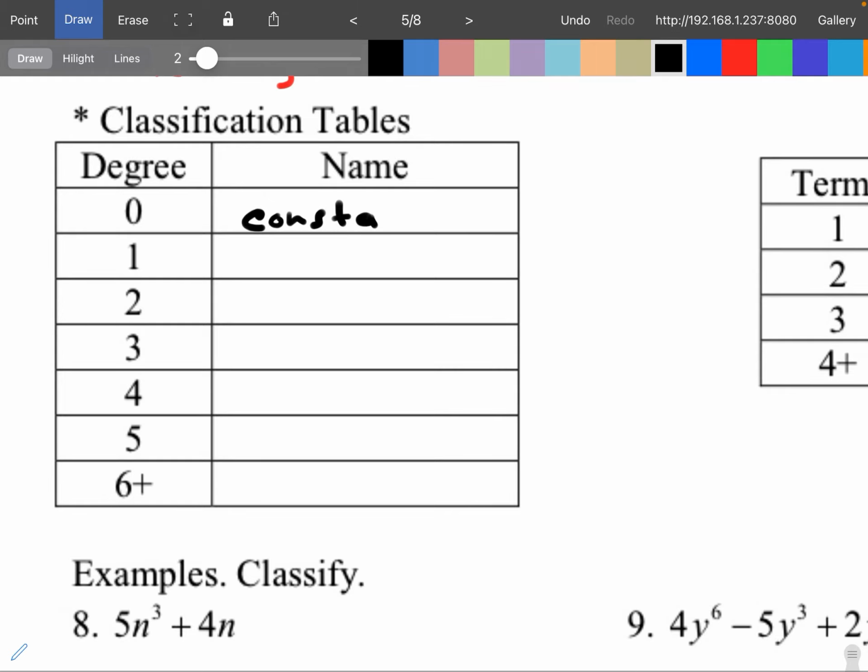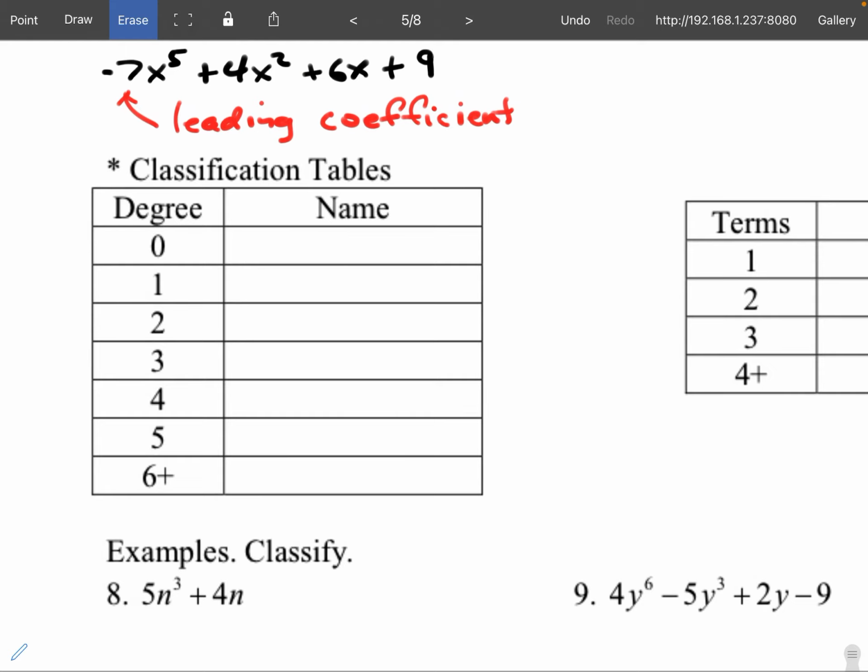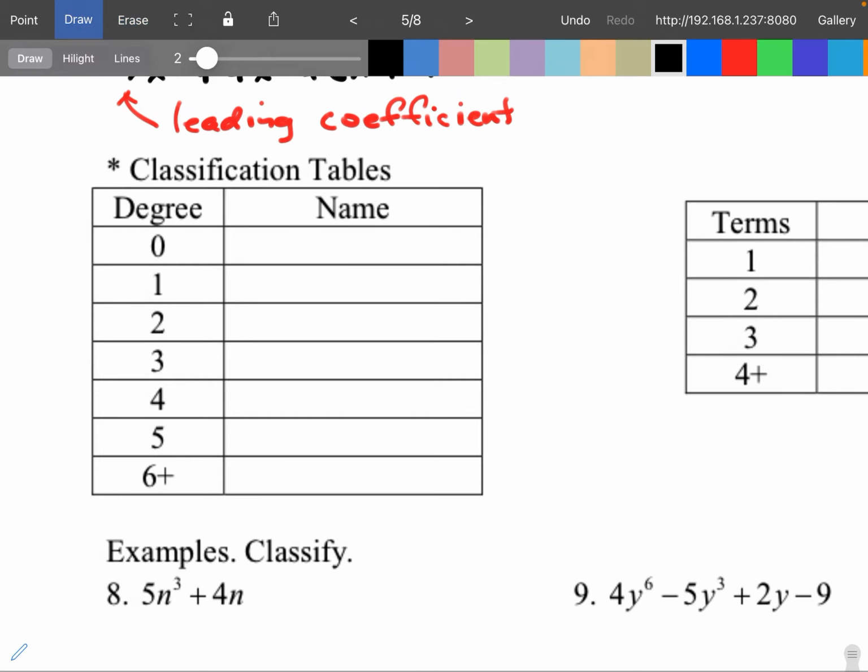So put the word constant. If it's first degree, if the degree is 1, it's called linear. If it's second degree, it's called quadratic.